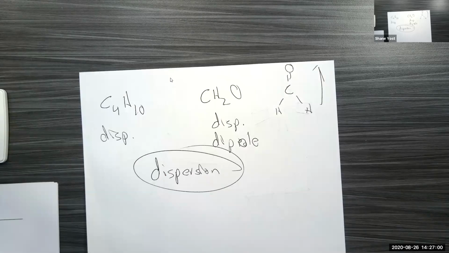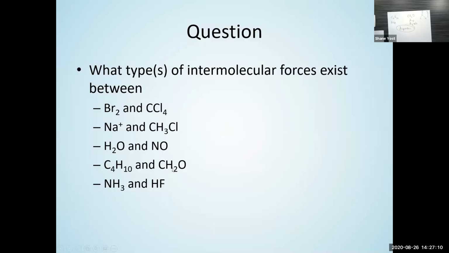There is such a thing as dipole-induced dipole intermolecular forces, but we won't really focus on that in this class. So for the sake of this class, we're referring to just dispersion interactions.